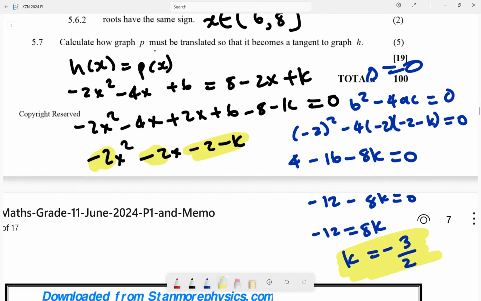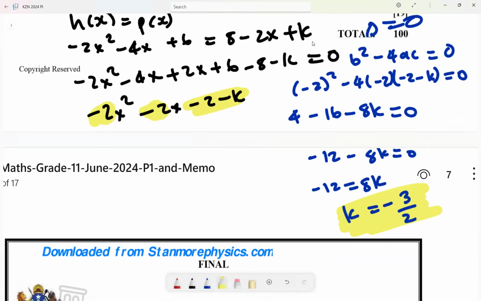So if it is negative k minus 3, it means it should be shifted negative 3 divided by 2, which is the same as negative 1.5.